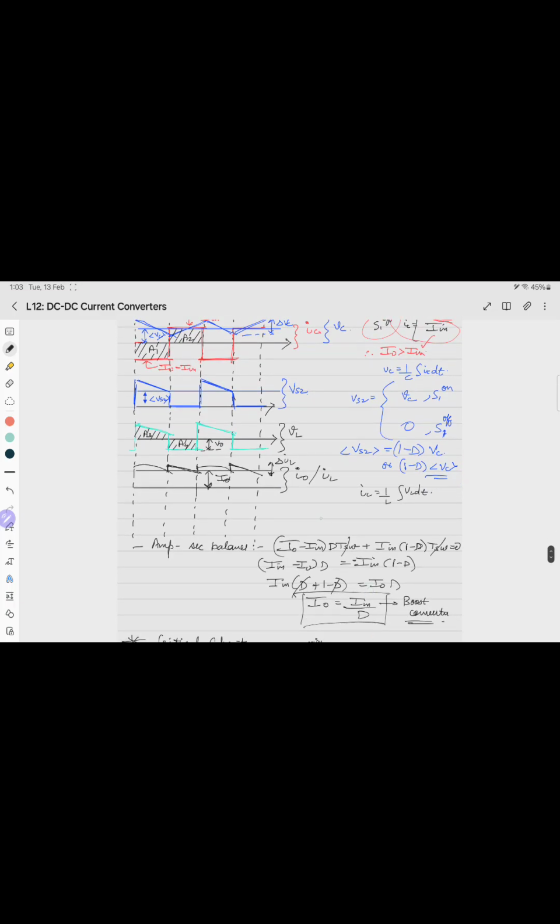Similarly, for the DC-DC boost current converter, the same ratio holds, that is 1 minus D into VC equals V0.